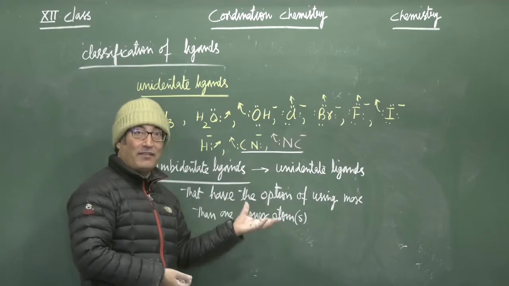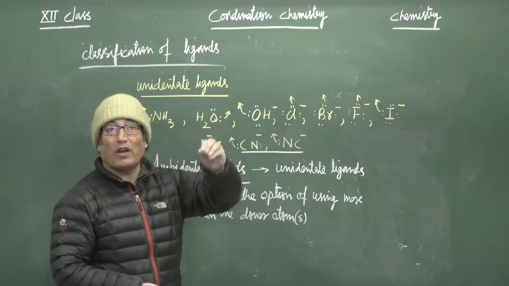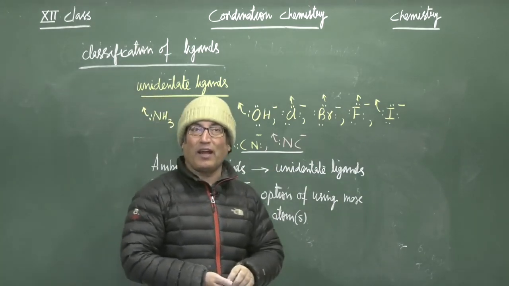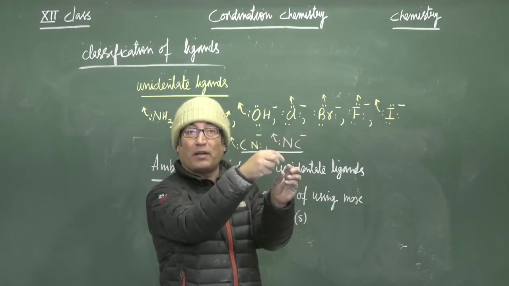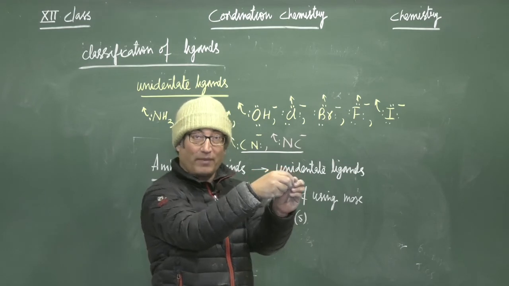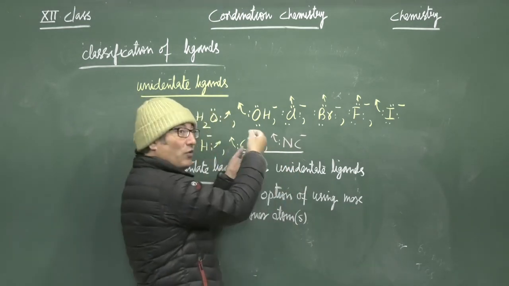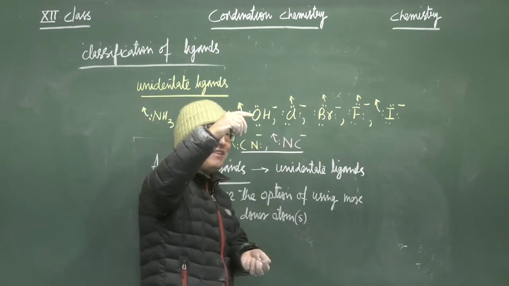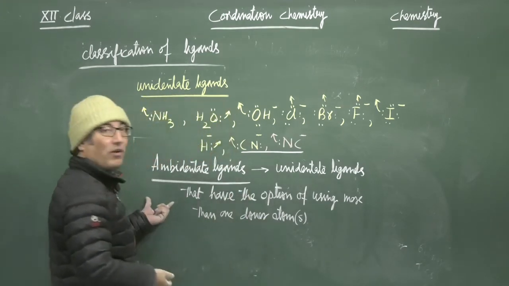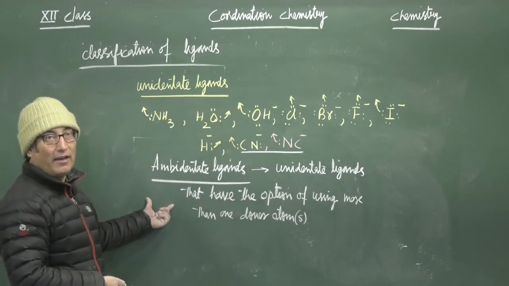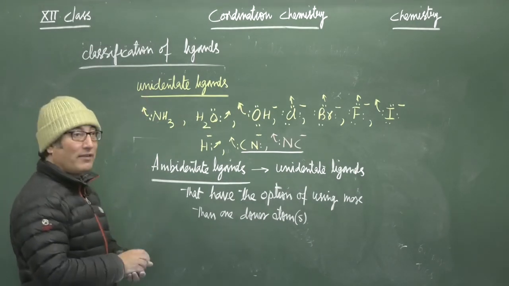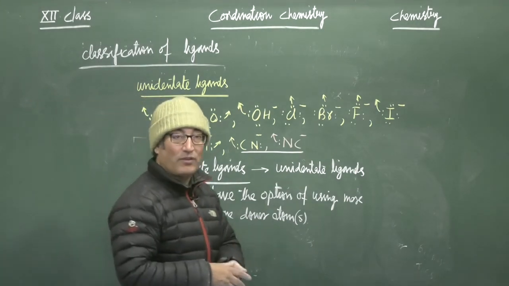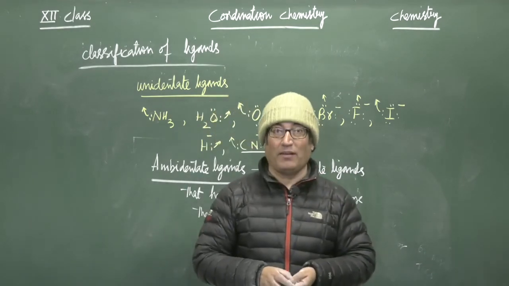Here they are ligands. But in organic chemistry, they are treated as nucleophiles. They attack the positively charged carbon atom because they are electron rich. But if they have the option of donor, you call them there ambident nucleophiles. Here we call them ambidentate ligands. So among the unidentate ligands, there is a special case of ligands called ambidentate ligands.